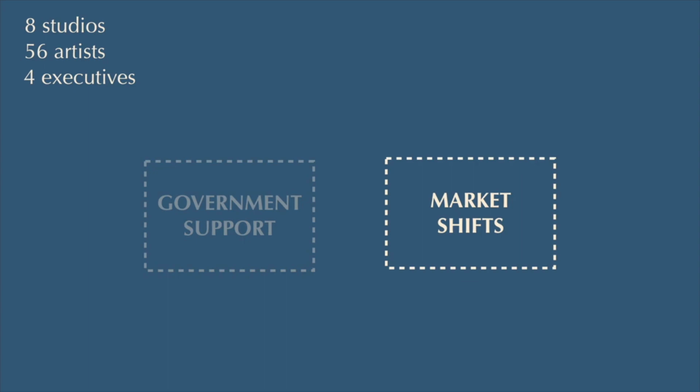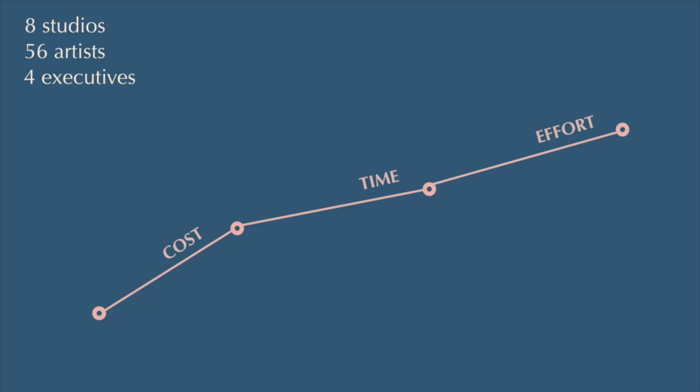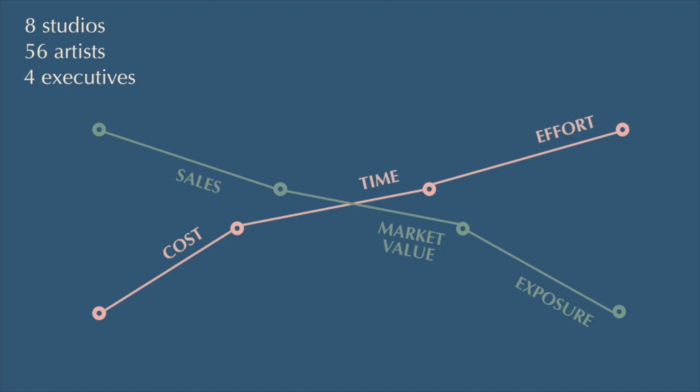Su embroidery art that still maintains a high price is less favorable than it was 10 years ago. So, their cost, time, and effort to make artwork and maintain their business are going up. At the same time, the sales are going down, their market value recognized by the public is going down, and the social exposure without any support is going down as well.